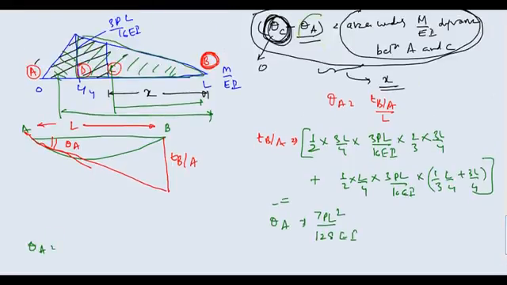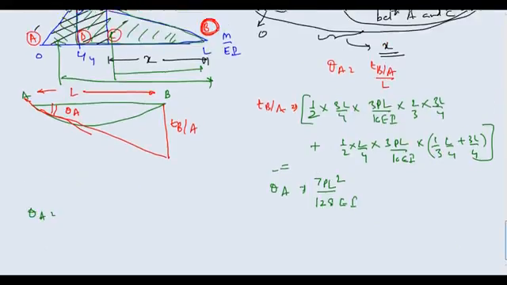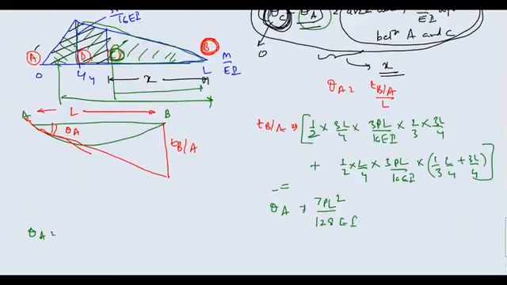Now I want to use this equation: theta A is equal to the area under the M by EI diagram between point C and point A. Can you tell me what this value is? Let me use another color, it is not visible.